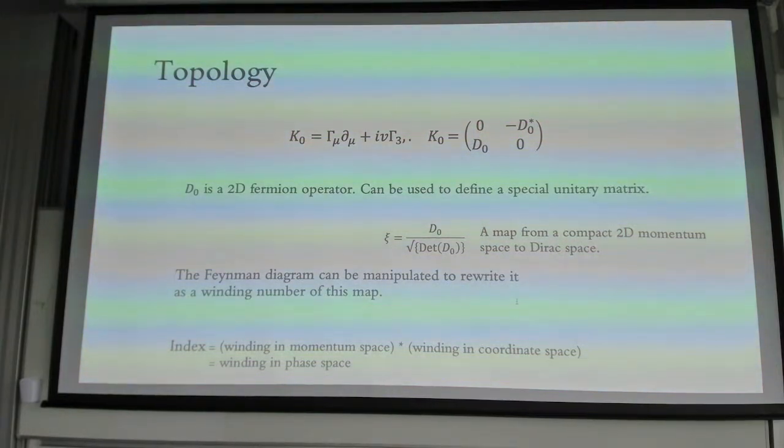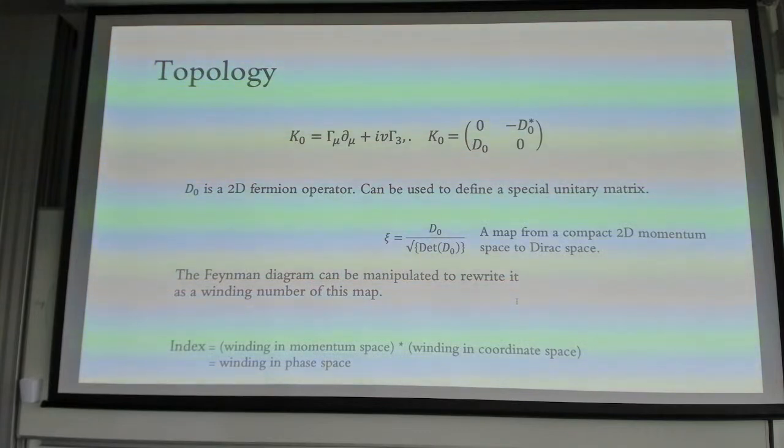So this is my K0, the full four-dimensional propagator. You can write it in terms of D0. It's the same thing. I have taken my Dirac operator, or fermion operator, with index, and I have expanded in this variable alpha, the angular variable. So D0 is a 2D fermion operator. You can use it to define a special unitary matrix like this.